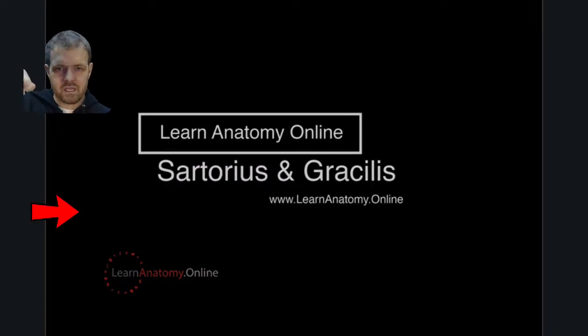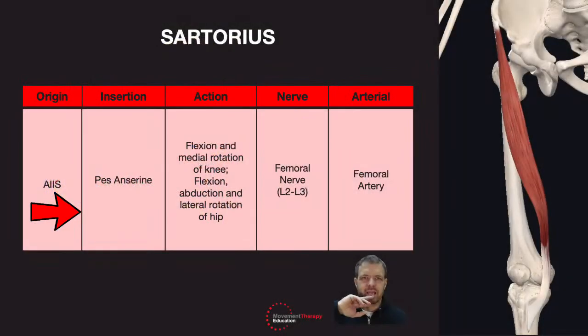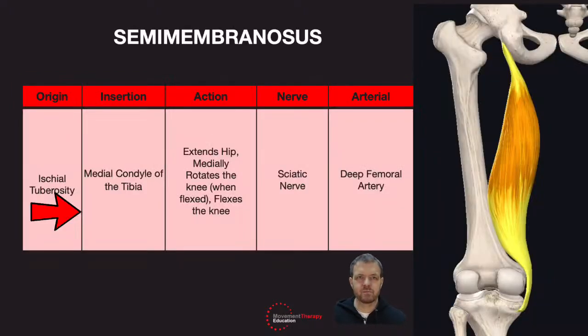Okay, so that was the last muscle on the front. And then we're going to have a look around the posterior aspect of the thigh, so your hamstrings. These obviously act on the hip and move the hip into extension. That's one of its main jobs. Again, these are biarticular muscles, so they cross over two joints.